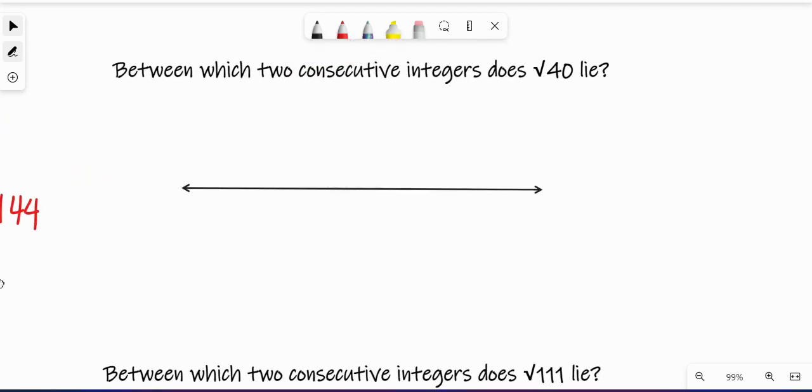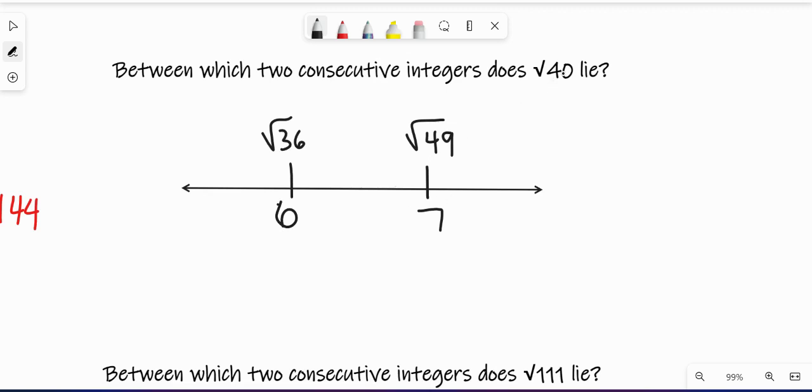So when I go over here and I label a number line, we know it's in between the square root of 36 and the square root of 49. Now, what is the square root of 36? The square root of 36 is 6. The square root of 49 is 7. So it actually lies in between the integers 6 and 7.